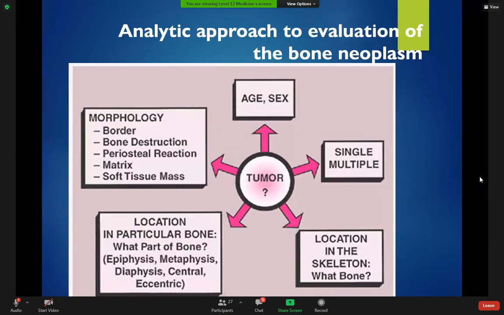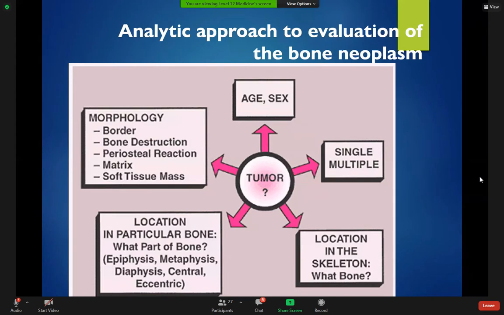And when we evaluate any lesion in the bone, what happens usually is a patient comes to you in the clinic or in the ER complaining of pain in one of their limbs.